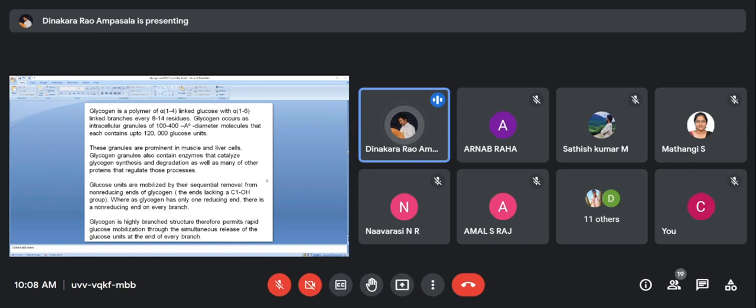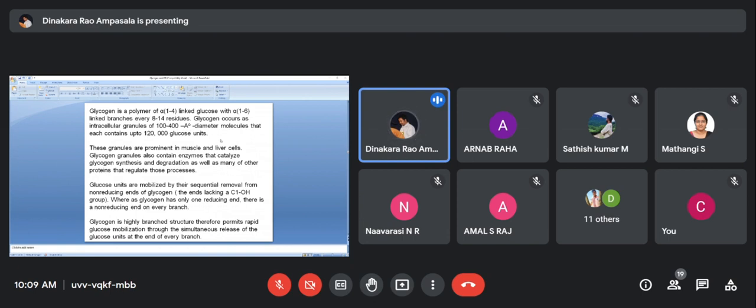Okay, so glycogen is a polymer that we have seen, which has alpha-1,4 and alpha-1,6 glycosidic branches, and it occurs intracellularly as granules approximately 100 to 400 angstroms in diameter, and each granule will have at least 120,000 glucose units in it.